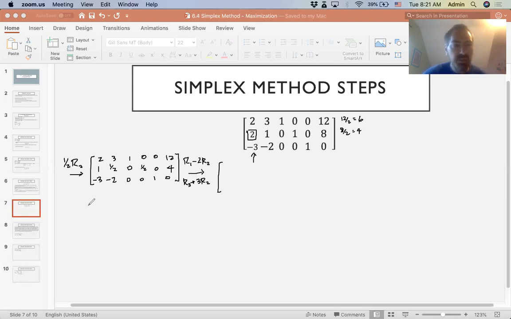Okay. If you need to work over in the margin, let's come over here and have 2, 3, 1, 0, 0, 12. This is the R1 minus 2 R3.